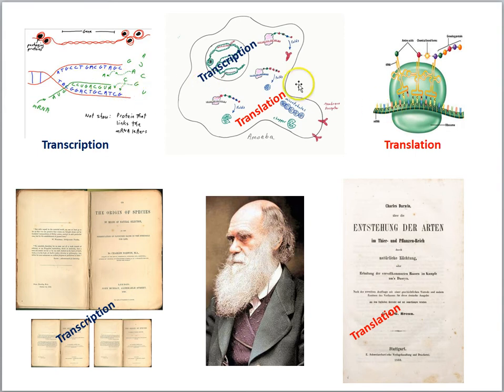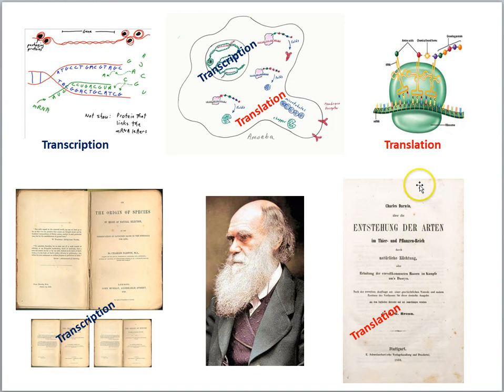By contrast, out in the cytoplasm the ribosomes are doing an act of translation. And that is, they are converting the language of messenger RNA into the language of proteins, which are amino acids. So these are two different languages. So that's a translation. It would be like Charles Darwin taking his original book in English and translating it into German.